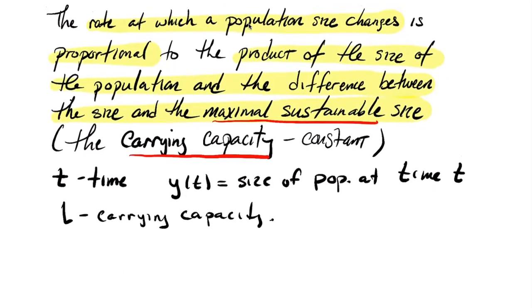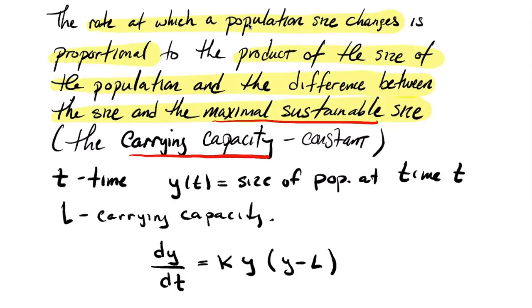So what does this say? It says that the change in the population size, that is the derivative of y with respect to time, is proportional to, so it's some constant k times, the product of y and the difference of the population size y and the carrying capacity, excuse me.